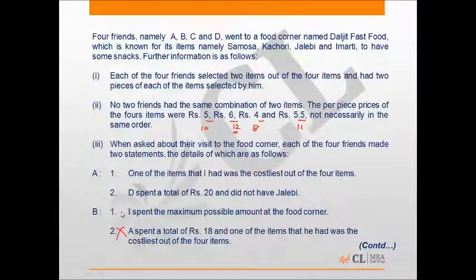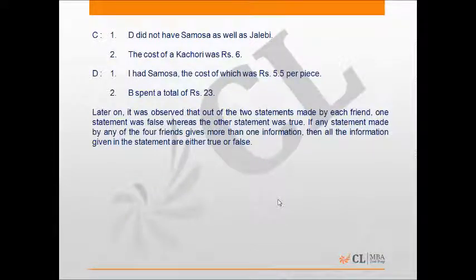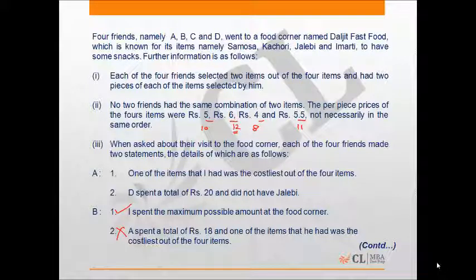That means statement A has to be true, that I spent the maximum possible amount at the food corner, right? So if I make a table out of this, this is the table, and we know that B spent the maximum possible amount. Maximum possible amount would be 12 plus 11, that is 23.